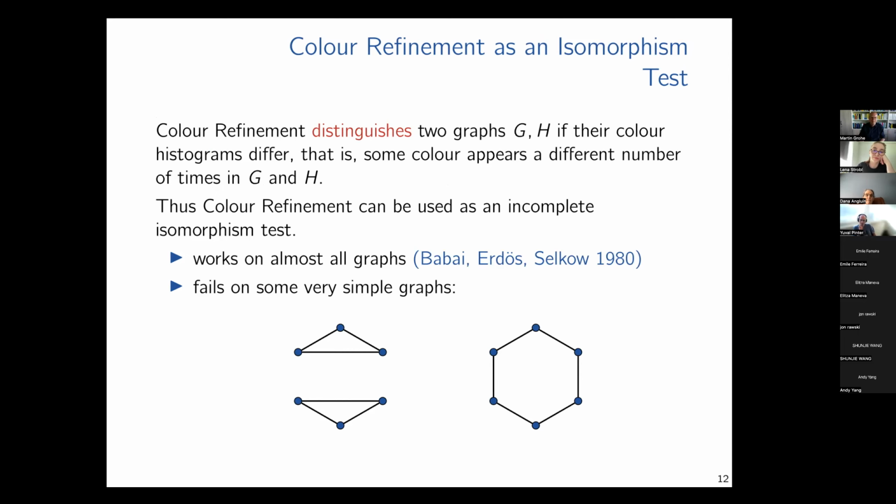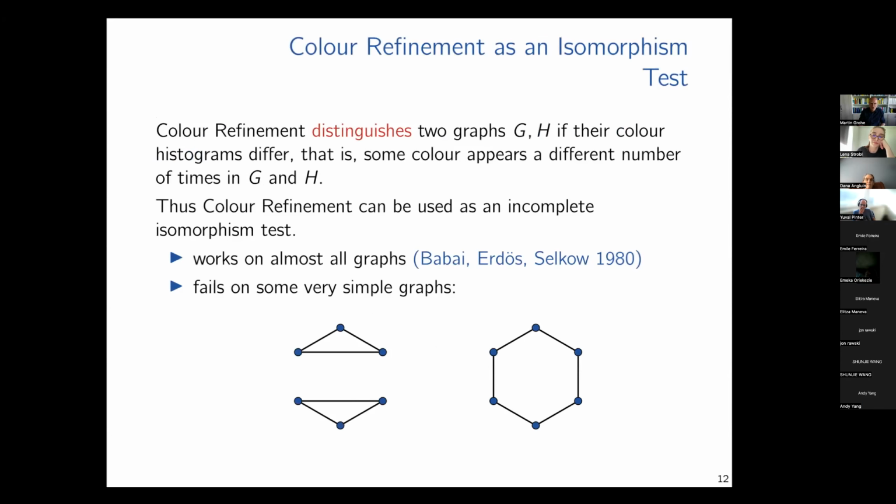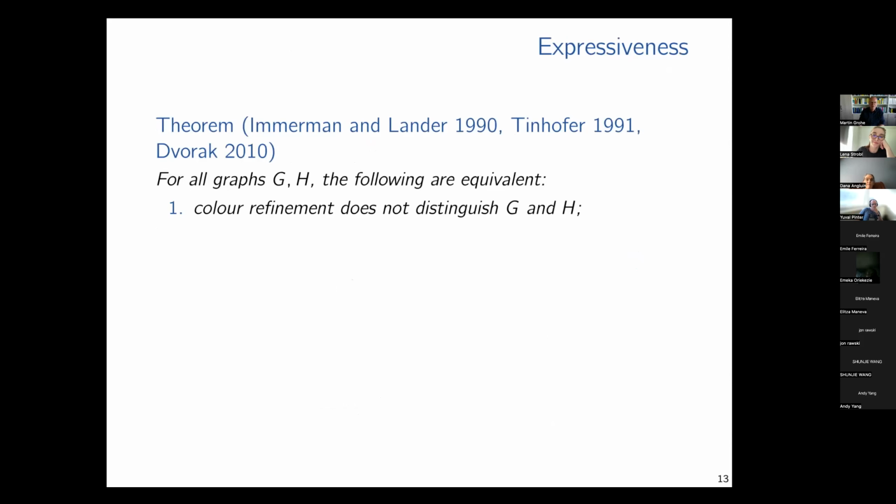Okay, so that's how it is. And that's also something to keep in mind for graph neural networks, because when we characterize them by color refinement, we also know that they can't distinguish graphs that color refinement cannot distinguish.